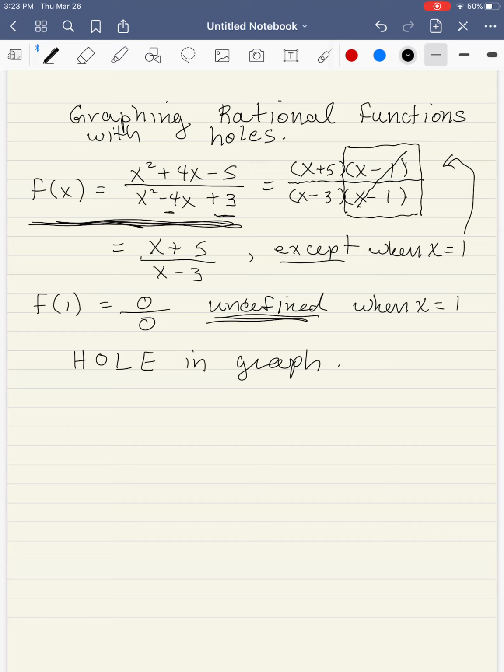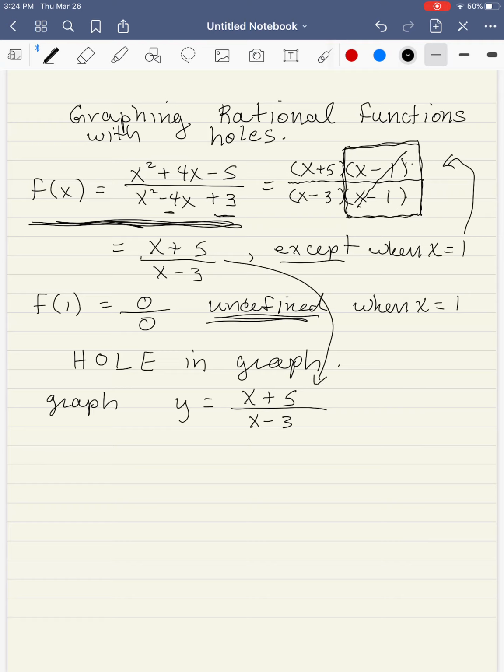So we recognize that we have a hole in the graph because of this factor in the numerator exactly the same as in the denominator that canceled out. We'll keep that in mind and come back to it in a minute. We're going to graph y equals what it would be without that factor, x plus 5 over x minus 3, which I found up here.